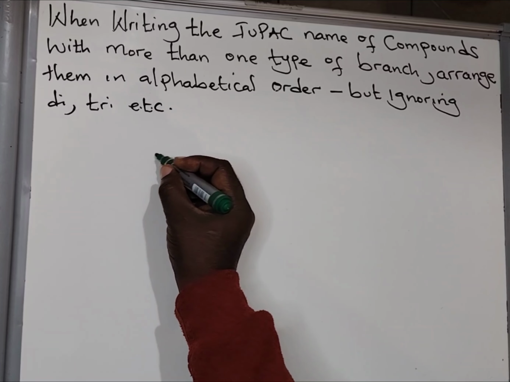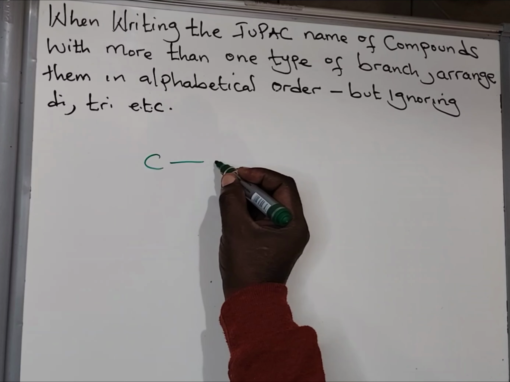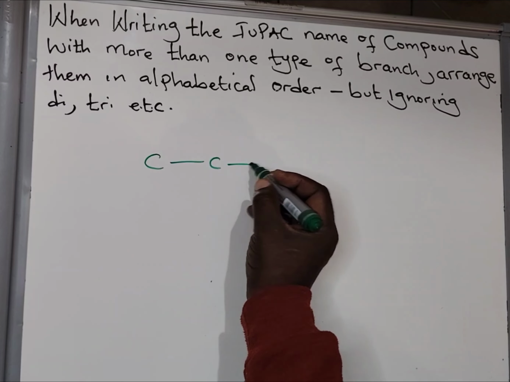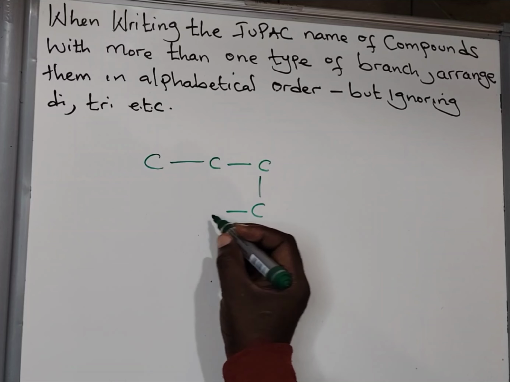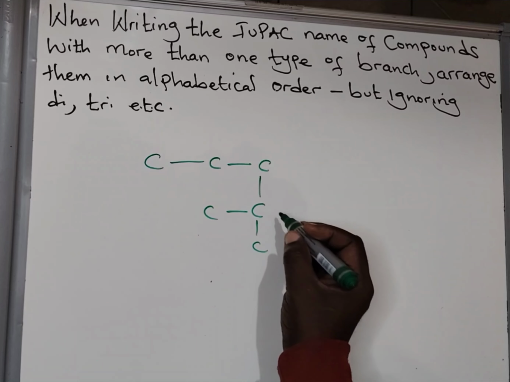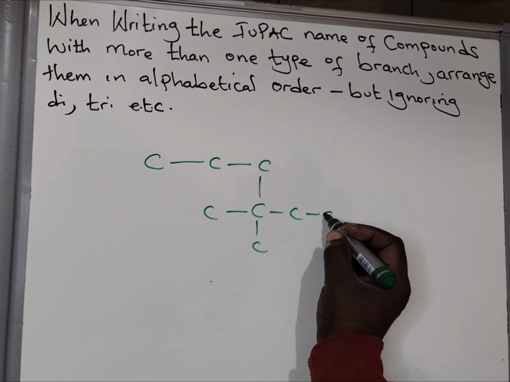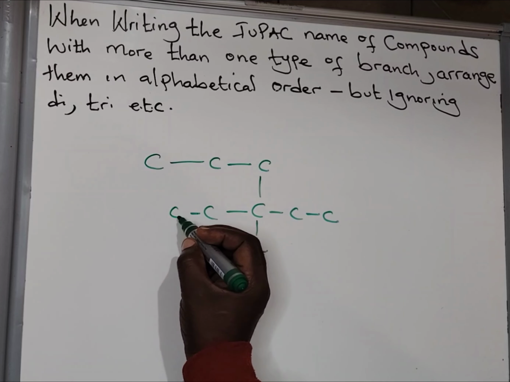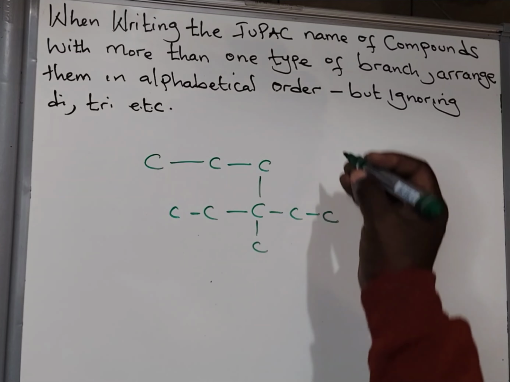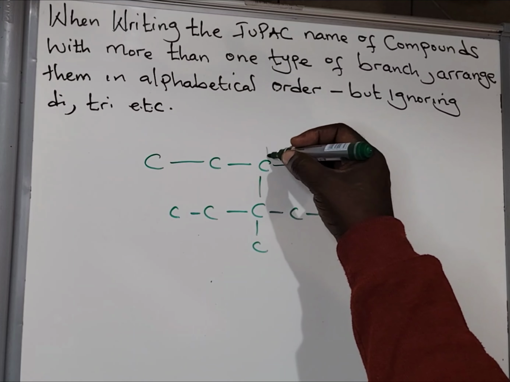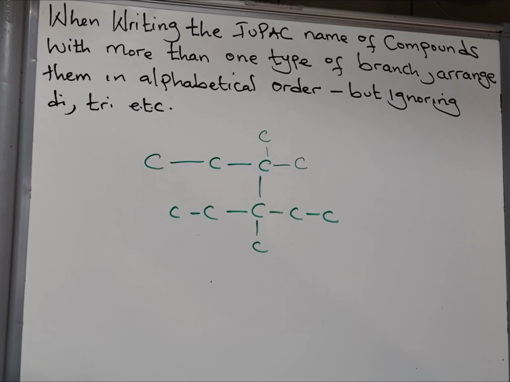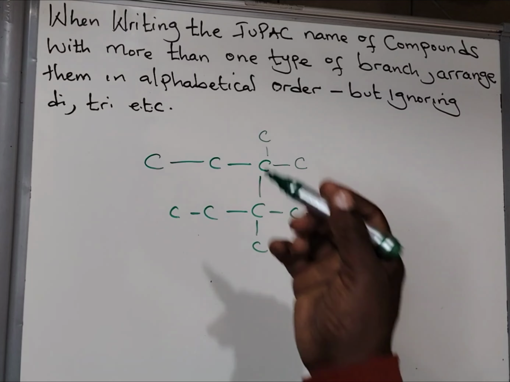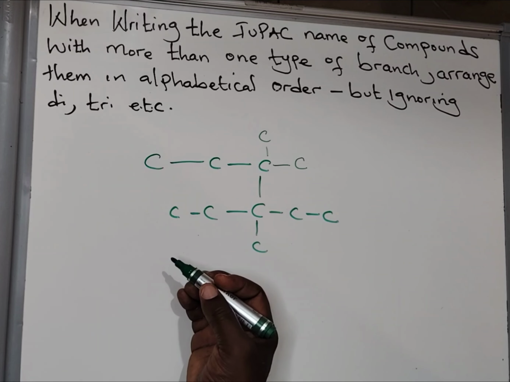Suppose you have a carbon atom here, followed by another, then followed by another. Then you come here, and here, and here, and here. We can also add another one here. We can have something like that. Yes, like that. Let's try to digest this compound. First of all, let us first identify the missing bonds.